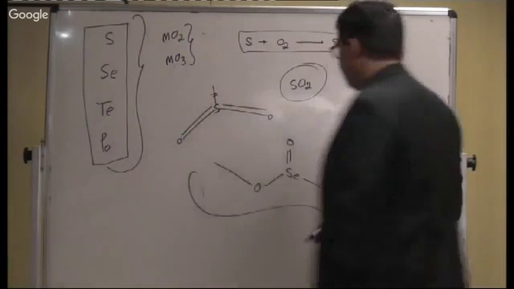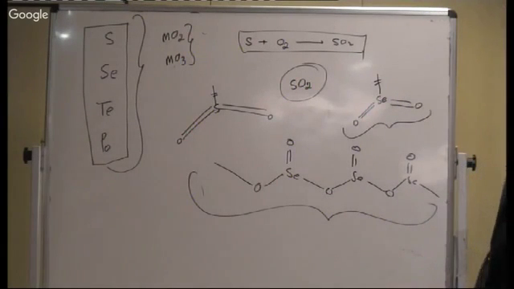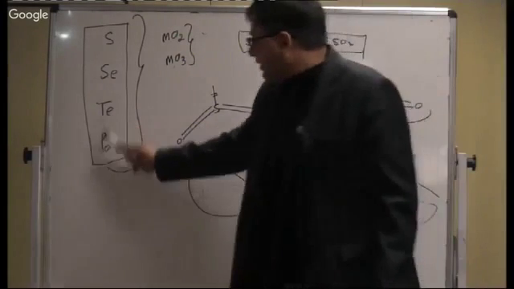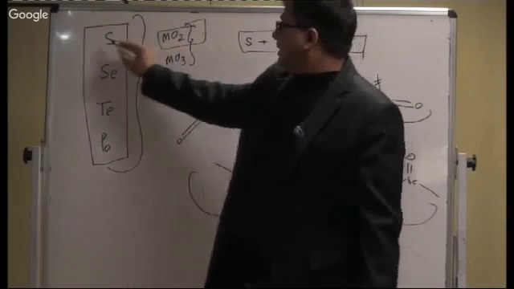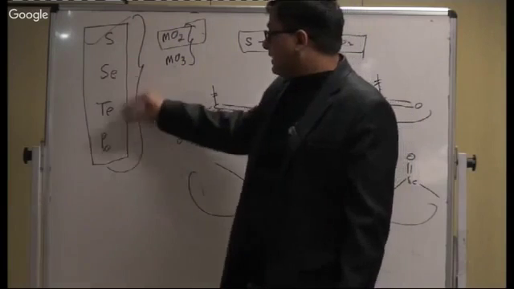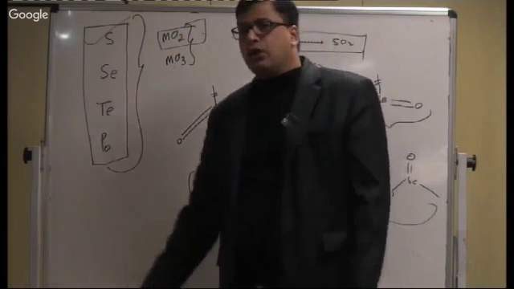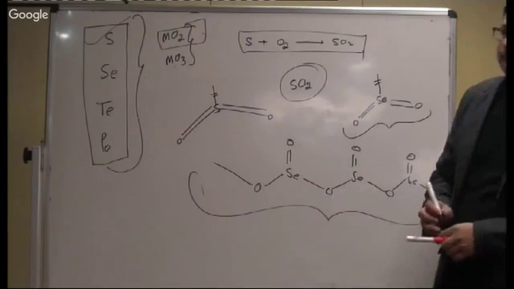See this structure, a cyclic chain of double bond, single bond, double bond, single bond. Similarly TeO2 and PoO2. So for MO2 kind of structure, sulfur forms gaseous SO2 as a single discrete unit, whereas SeO2, TeO2 and PoO2 exist in a polymeric chain form like this. Clear?